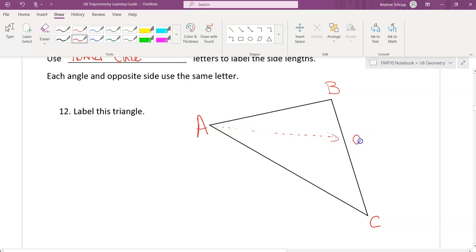We would label that with a lowercase a. And the opposite side to B would be here, so this would be a lowercase b. And the opposite side for C would be over here. So this is one way to label a triangle.